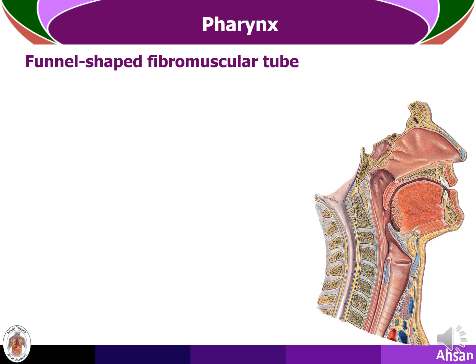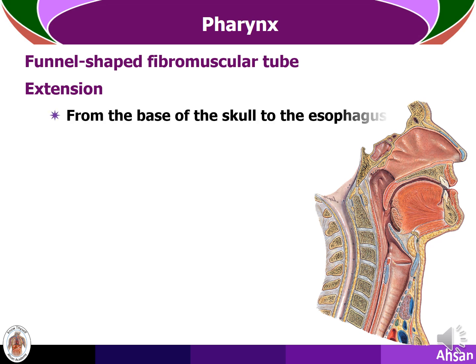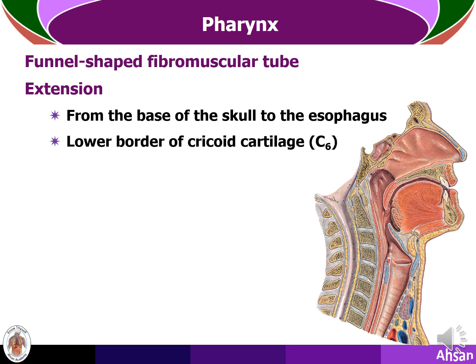Pharynx is situated behind the nasal cavity, behind the oral cavity, and behind the larynx. It is a funnel-shaped musculomucosal tube, and it extends from the base of the skull and continues below as the esophagus. The lower border of the cricoid cartilage is the junction between the pharynx and the esophagus.